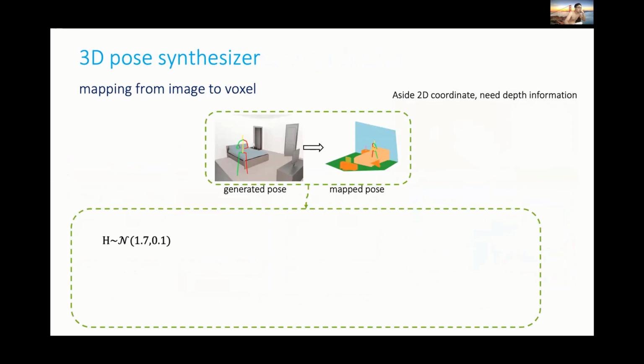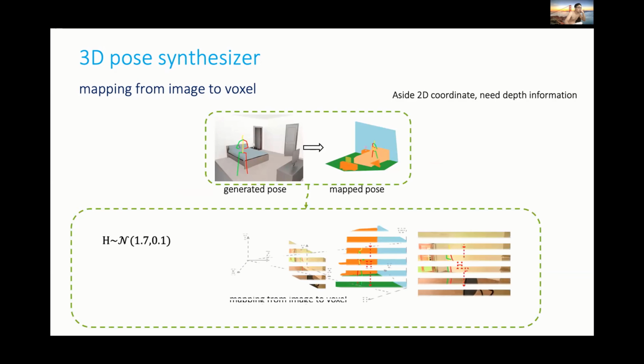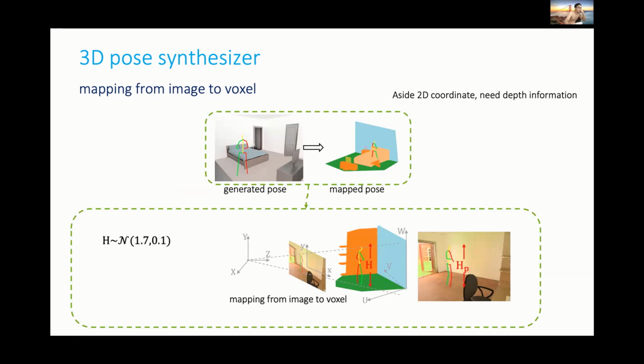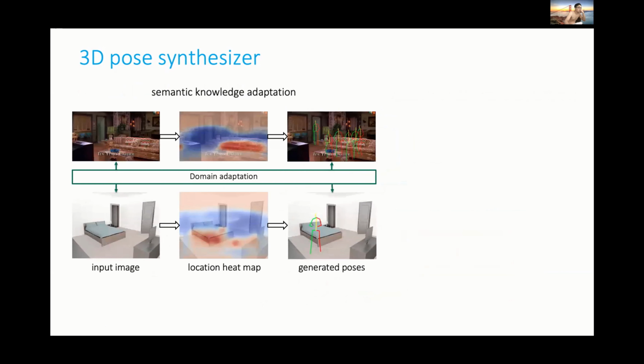So in order to do that, we assume that human height is about 1.7 meters, and then we can draw a sample from that, and from similar triangles we can estimate depth, and with the estimated depth, we can project the 2D pose to 3D scenes.